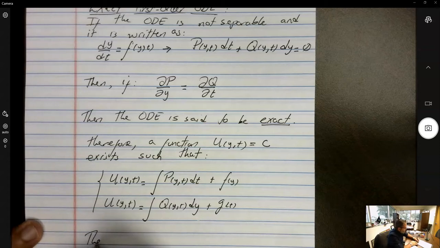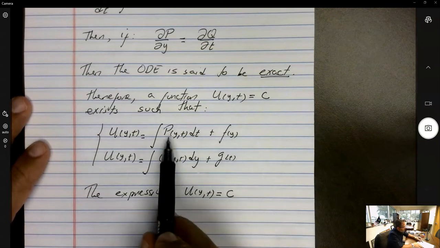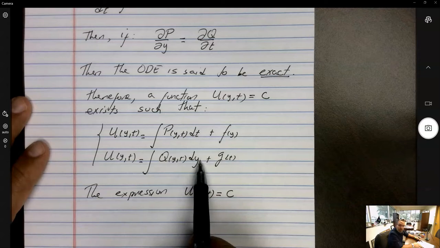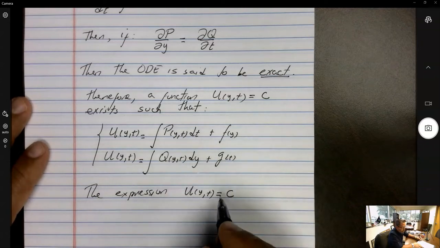So the expression u of y and t is equal to c. So we take that function that we find here, simultaneously the solution of these two. We equated. This function of y should show up on this side. The function of t should show up on the other side, and so on. We'll do an example in a minute.